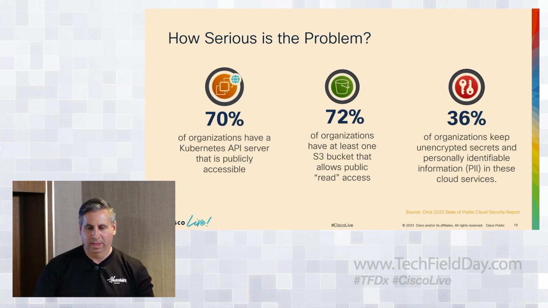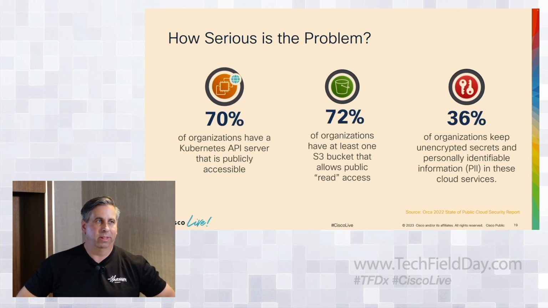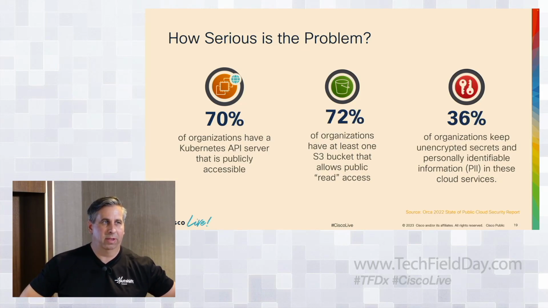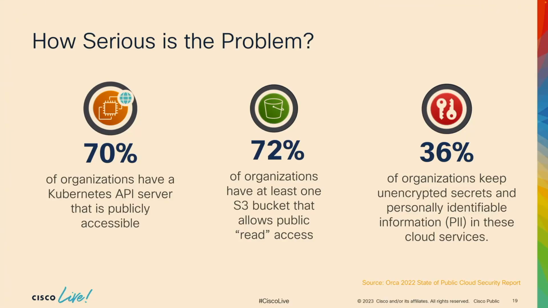Yeah. Awesome. So then how serious is the problem? People might think, oh, well, that's just a one-off, Tesla, okay, fine. Nobody really does that. Everybody's learned, right? No. 70% of organizations out there do have this, public Kubernetes APIs. Sometimes they may not even be aware of it, or maybe just a lax practice not to tighten that down.